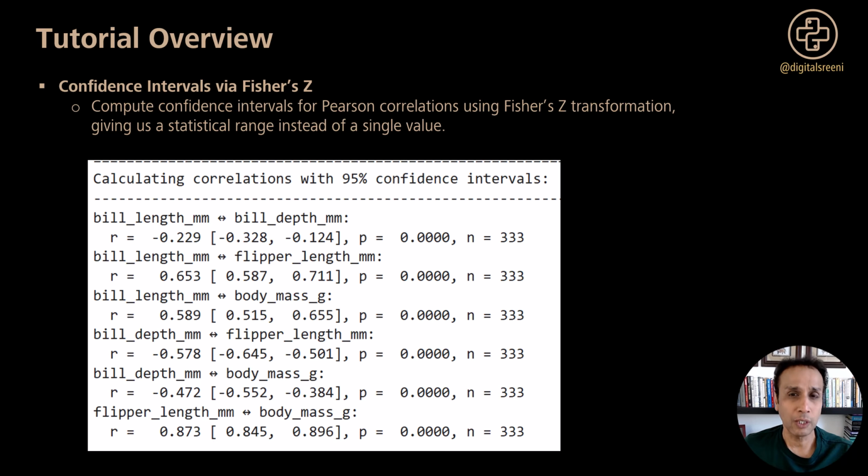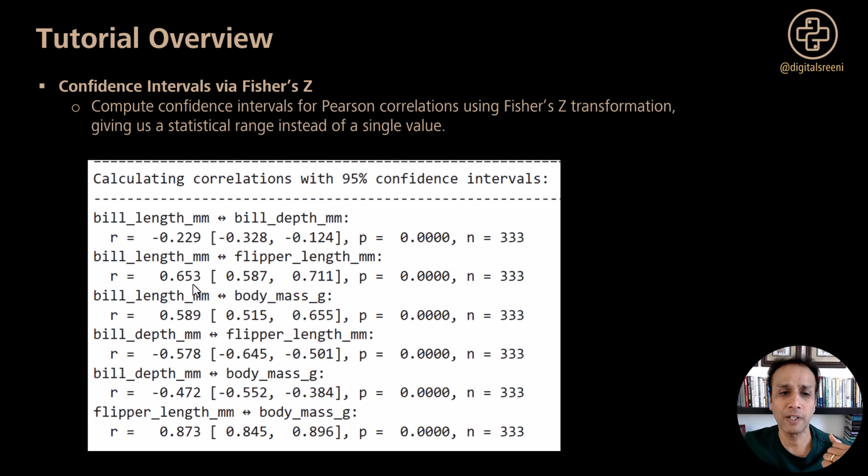The first thing that we'll look at is confidence intervals, because until now, what did we do? We just reported that the Pearson R value, for example, is 0.653, right?